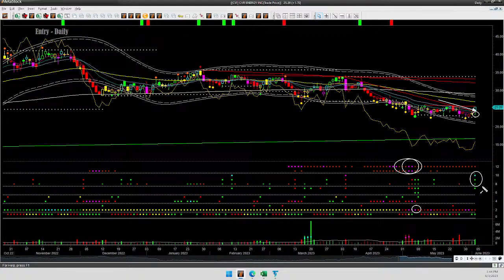That is all good, but I am seeing there is another trend line resistance just up above Friday's close. So instead of buying this stock CVI on Friday, I may watch it on Monday, and if it can break out of this trend line resistance, I may buy with a stop buy order.